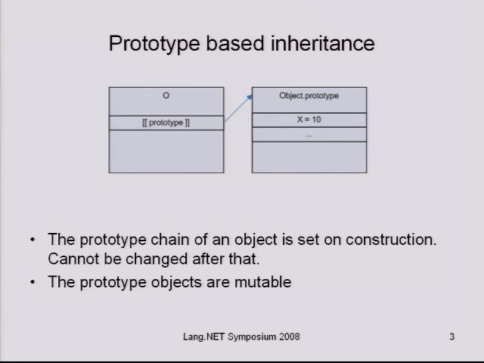Now when a member is looked up on an object using either the dot notation or the subscript notation, if that member is not found on the object, then we examine this linked object. The linked object in turn could have a similar link. So this prototype chain, so to speak, is looked up. If the chain is exhausted, then we return the value undefined. That is the defined behavior in JavaScript.